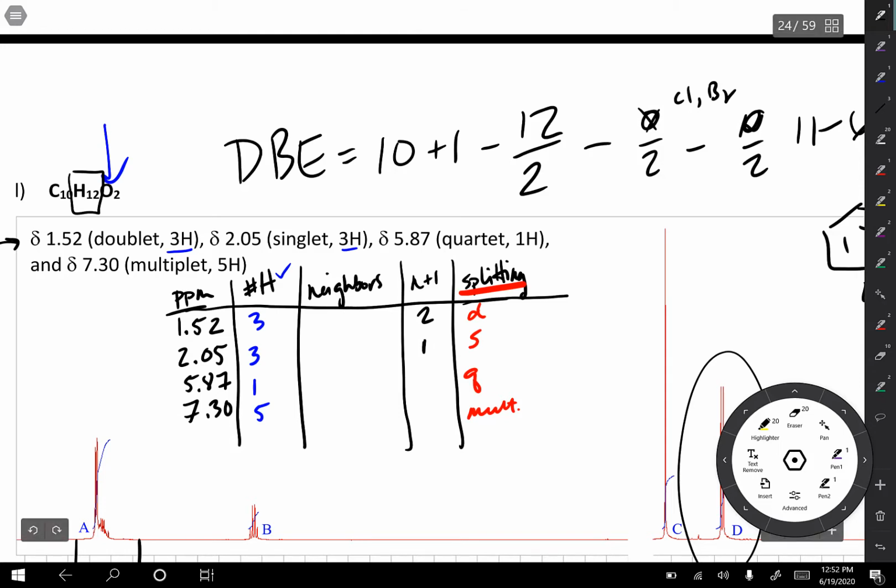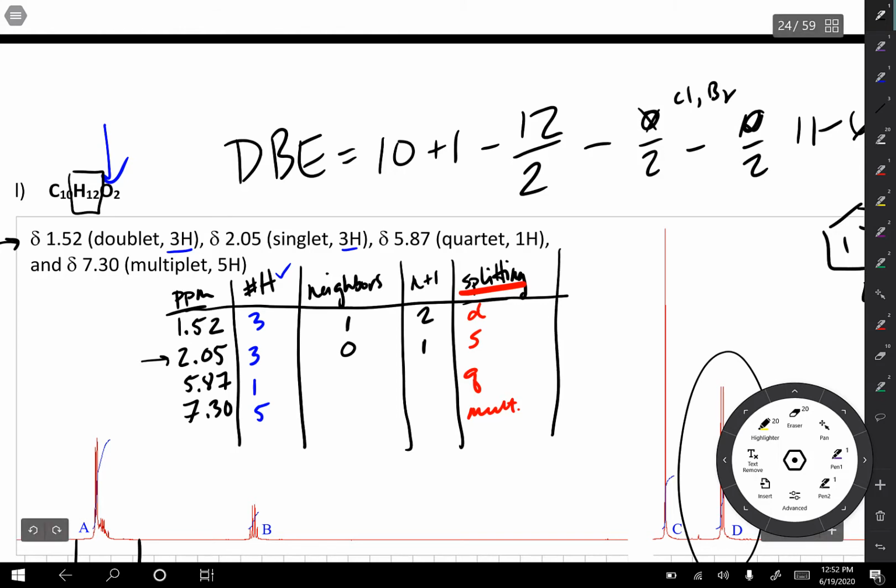We can backtrack now. 1 + 1 is 2. n+1, if it equals 1, that means n equals 0. That means this thing at 2.05 doesn't have any neighbors. That's really important. There are 3 hydrogens without any neighbors. I hope your brain is starting to go, I know exactly what fragment that is.